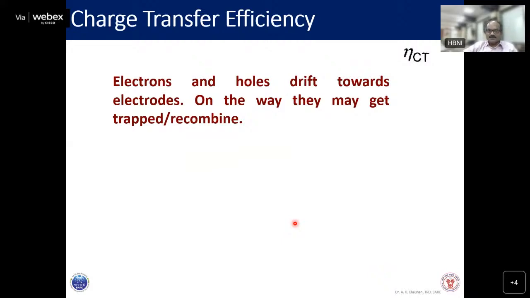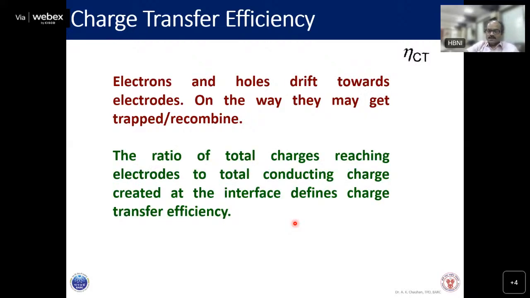Next comes the charge transfer efficiency. The electrons and holes drift towards the electrodes. On the way, they may get trapped in some energy levels, some impurity levels, or they may get recombined also. This recombination is different from the recombination which was taking place with the whole of the original hole which was created.